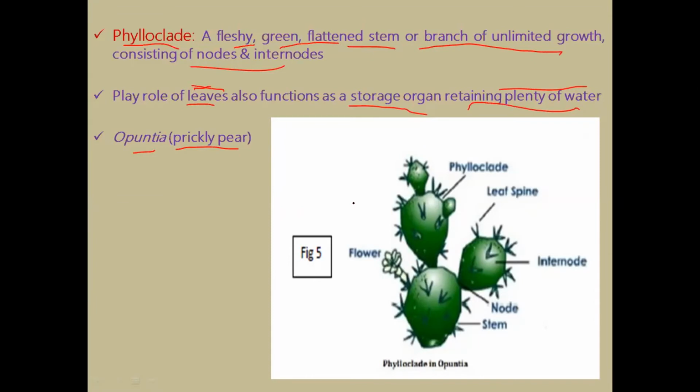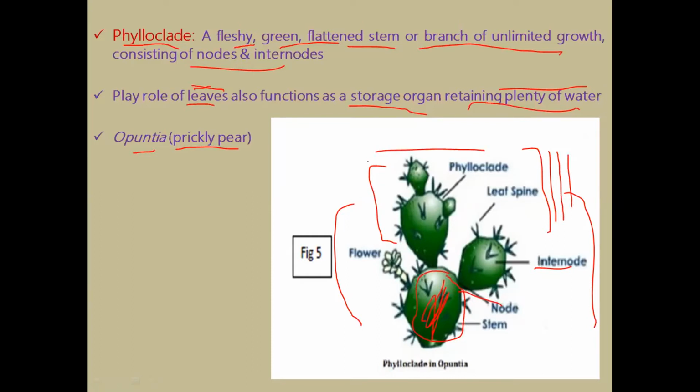You can see in the figure, this is a typical example of phylloclade. So you can see this is the greenish, fleshy, and flattened stem. It is known as phylloclade. It contains small leaves, also contains internodes and nodes, and the function of phylloclade is it is green in color, so it can prepare its food because it contains chlorophyll.